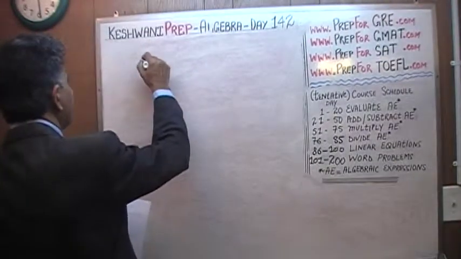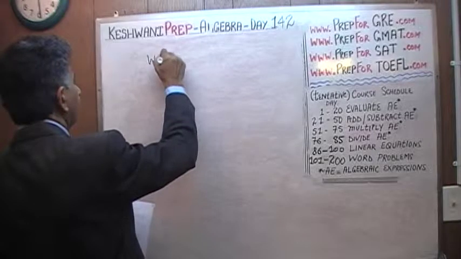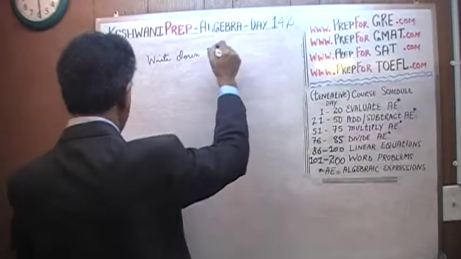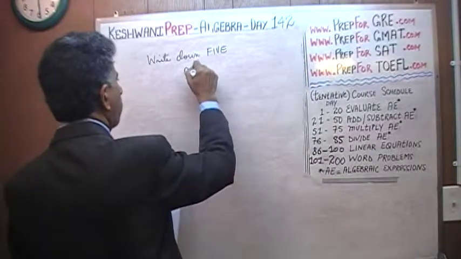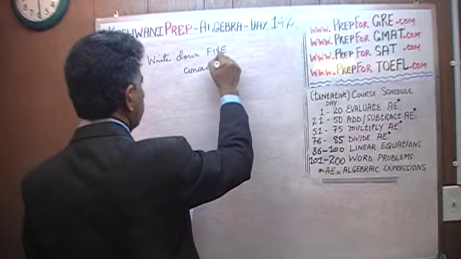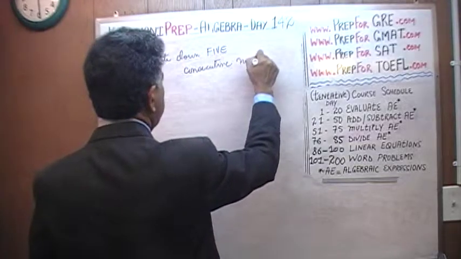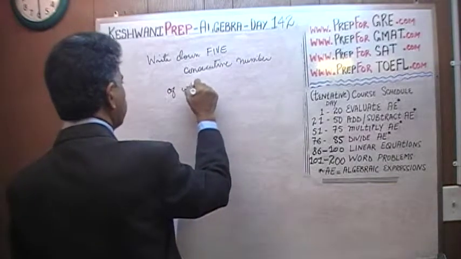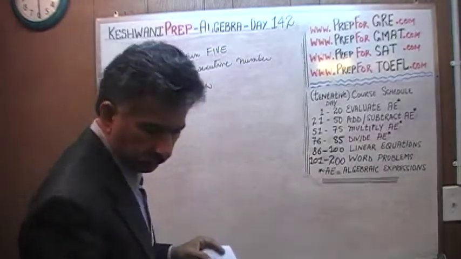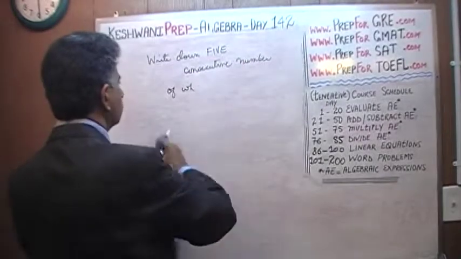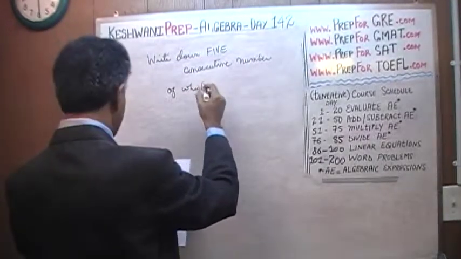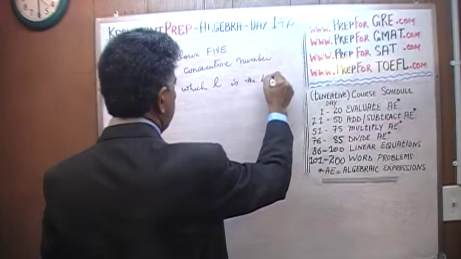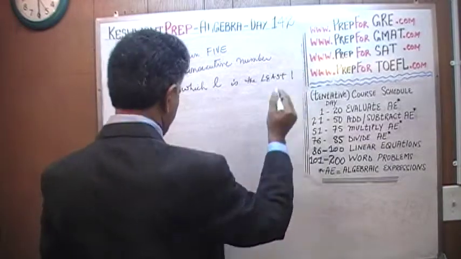We are simply asked to write down 5 consecutive numbers of which L is the least.